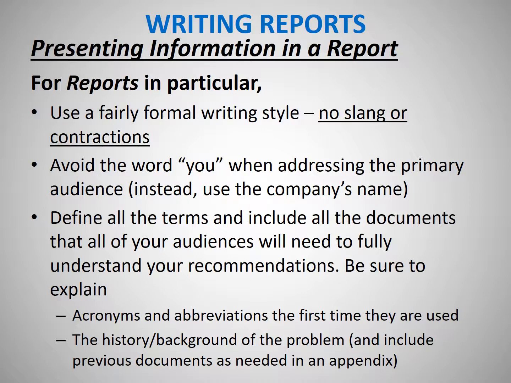So, let's say, USO, United Service Organization. You want to use the acronym USO several times during your report, but the first time you use it, you have to fully write it out. So in introducing that organization, you would say, the United Service Organization, and then in parentheses, USO.